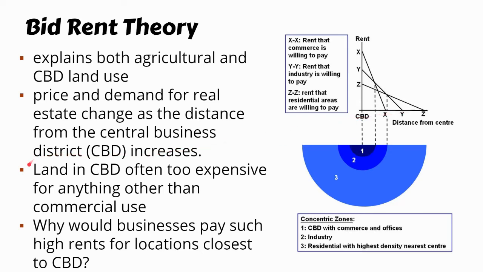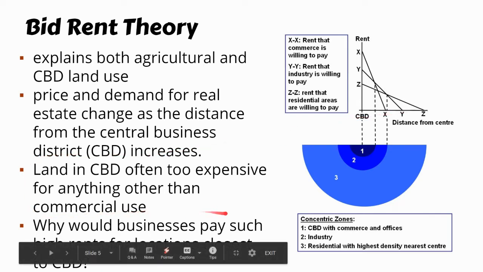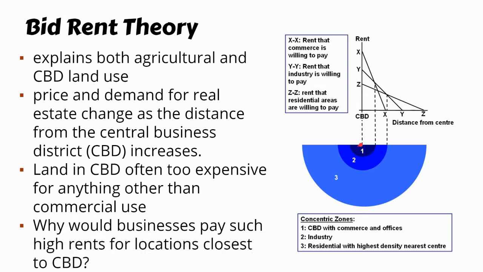So technically speaking, if we look at this bullet point right here, because the CBD is so expensive and the land is so highly valued, it's really hard to live in the CBD. There are, of course, office spaces in the central business district, even in Chicago, but the vast majority of the things that are happening in the CBD are businesses or for commercial purposes.